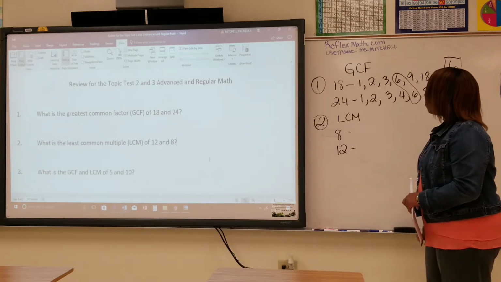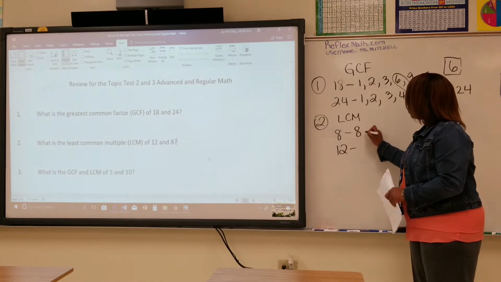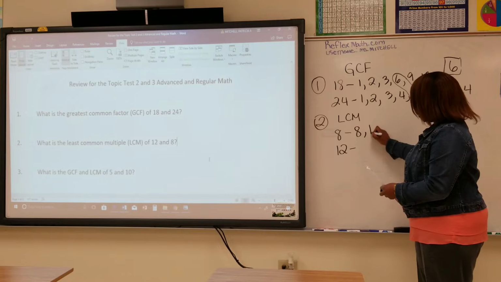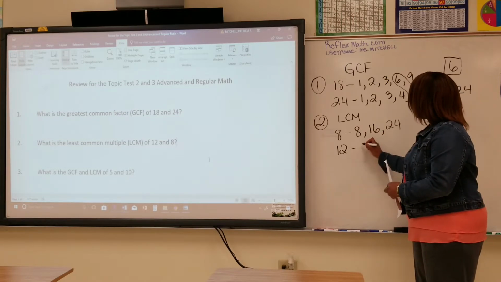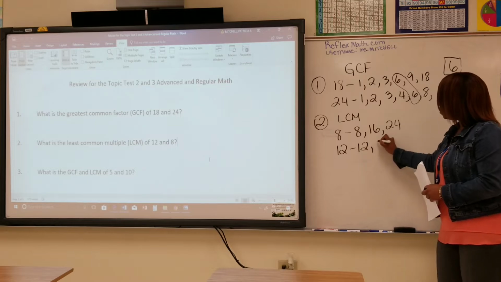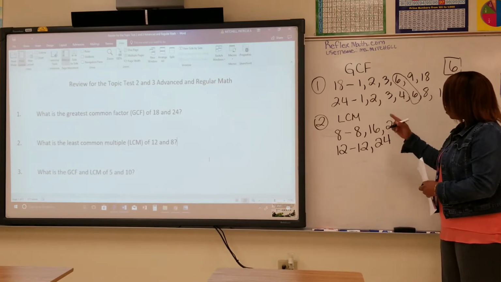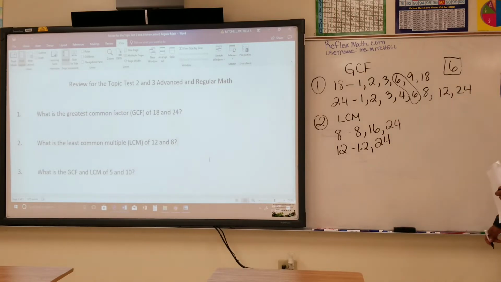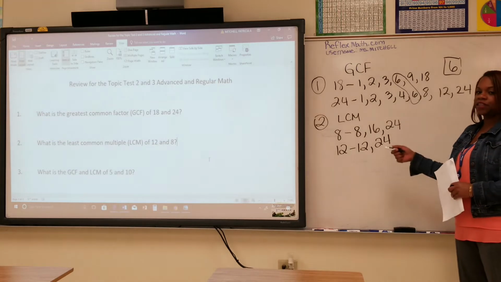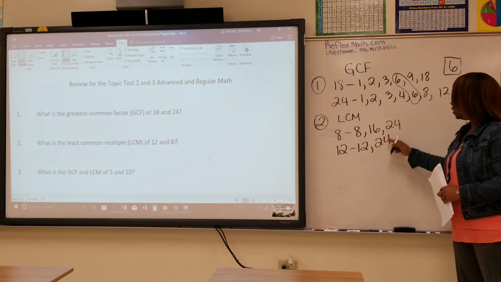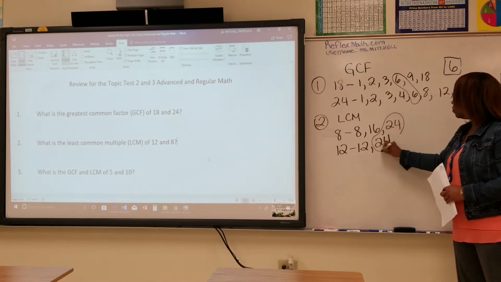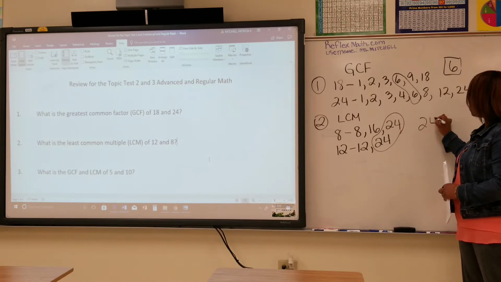So the multiples of 8 will be 8, 16, and 24. The multiples of 12 are going to be 12, 24, and we can go ahead and stop right there. Because they asked for the least common multiple, the least common multiple is going to be 24.